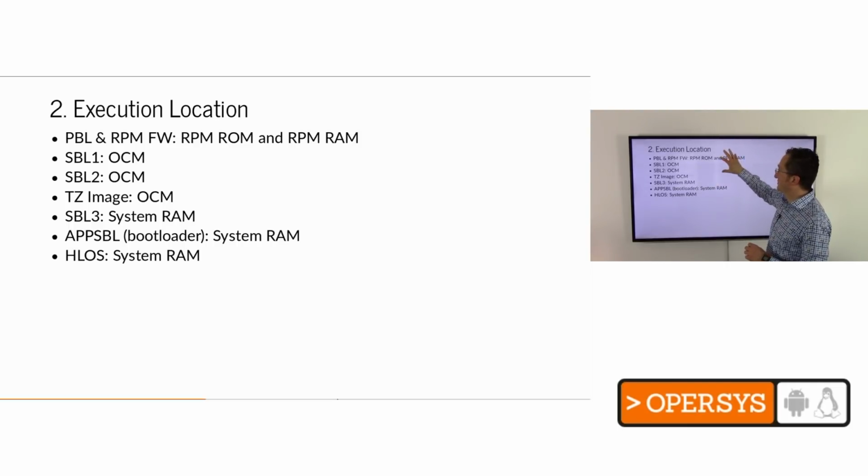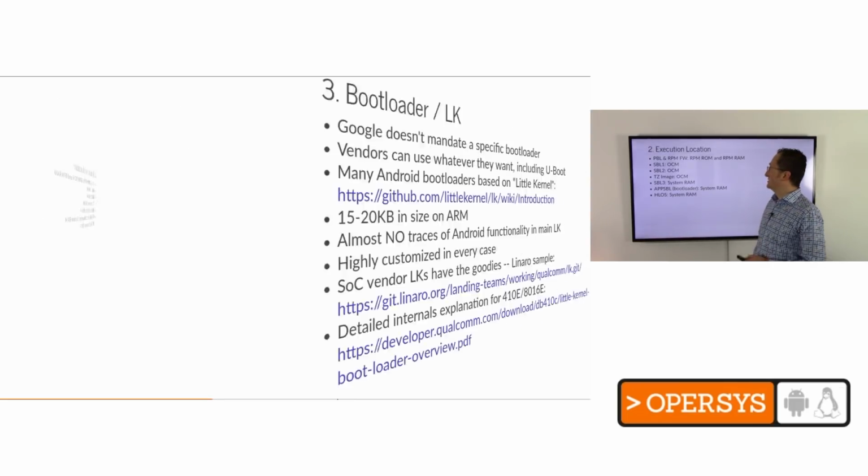Those bootloaders will have their own ROMs and RAM, and they'll run from there. Secondary bootloaders 1, 2, and TrustZone will run from on-chip memory. This is OCM, and that will then queue in an actual high-level bootloader off into RAM, which will then run the HLOS, the high-level operating system, Linux presumably, on RAM.